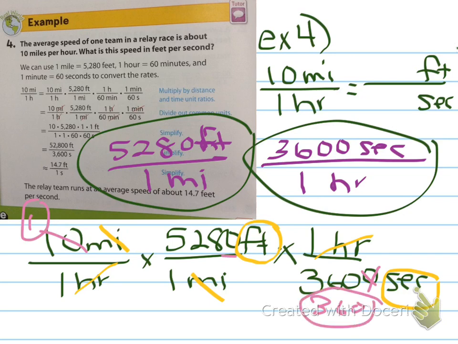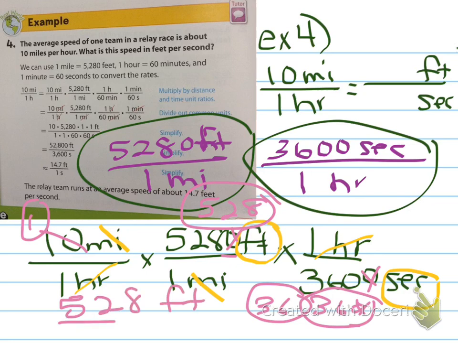When I see that both of these end with zeros, my next plan is let's go ahead and get rid of the zeros and divide both of those by 10. So now this new number is 528 and this new number is 36. So now I'm doing 1 times 528 times 1, which makes 528 feet, over 1 times 36, which is 36.